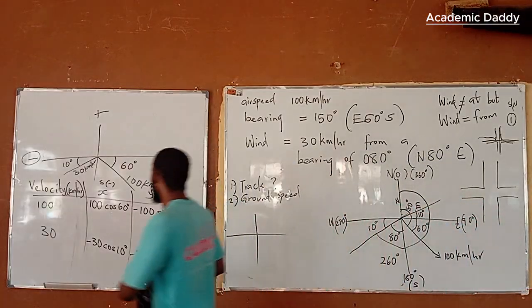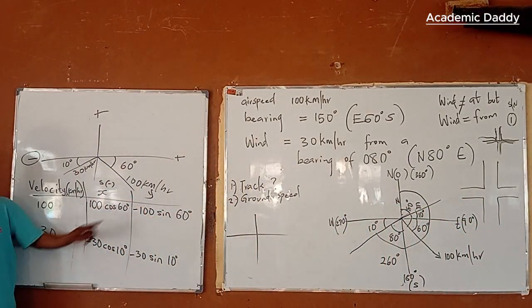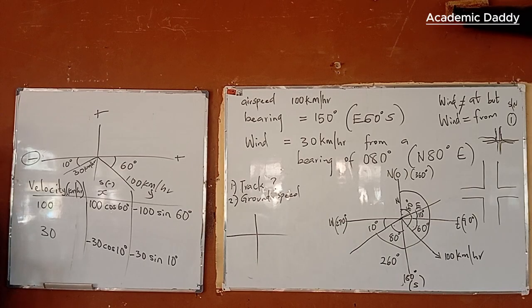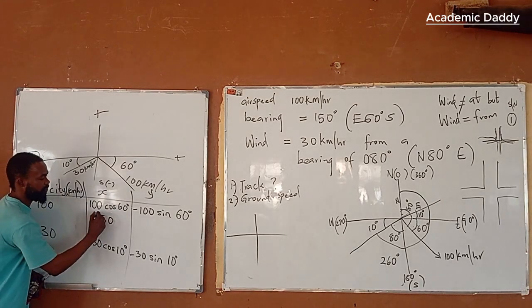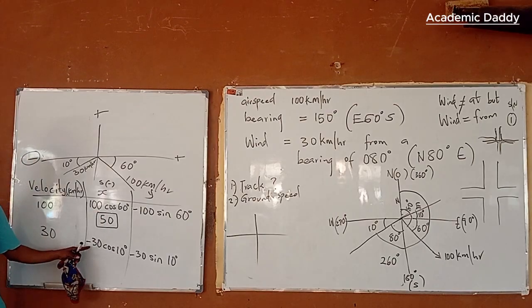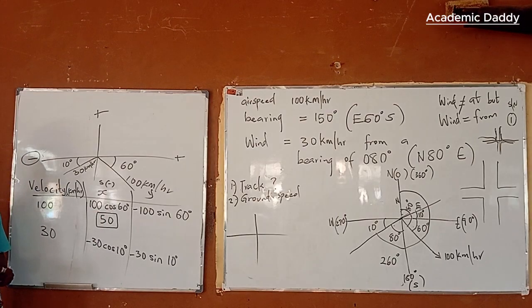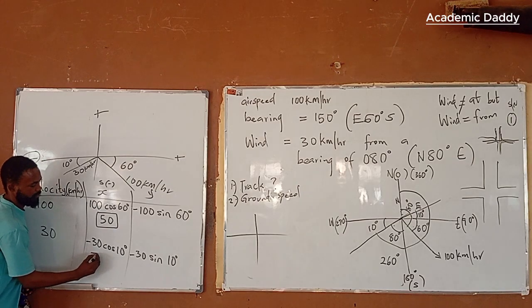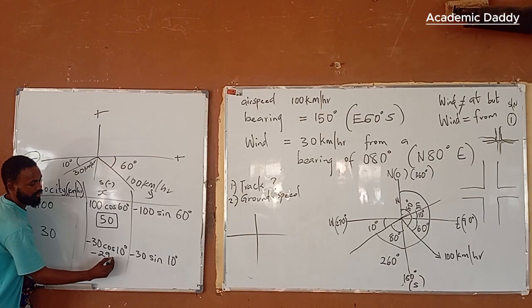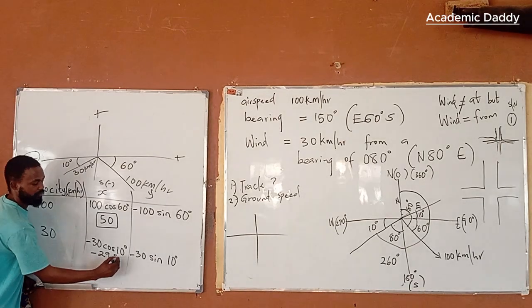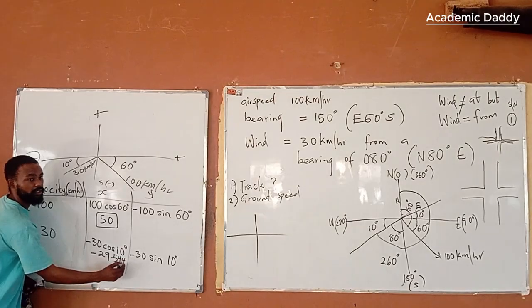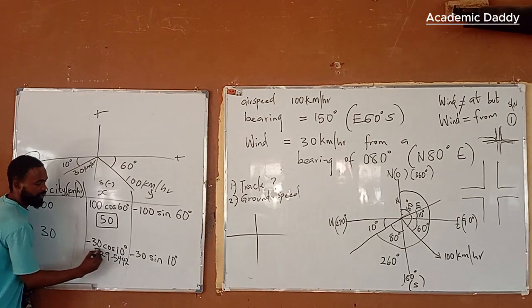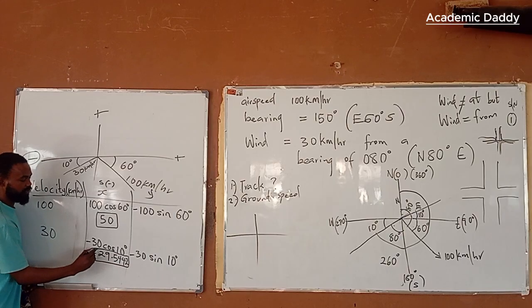So if that be the case, do for me 100 cos 60, what do you have? 100 cos 60, you got 50. Minus 30 cos 10 degrees, what do you have? Minus 29.5442. Remember that we said don't approximate until final answer.